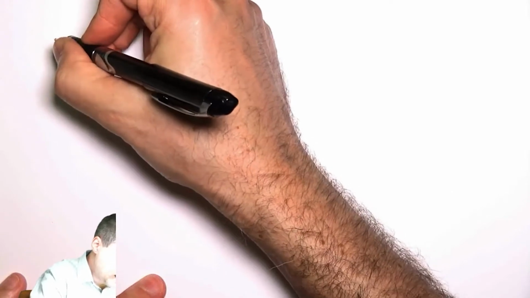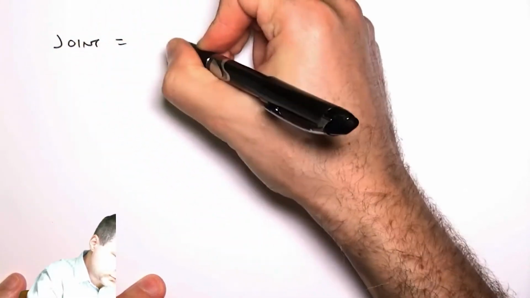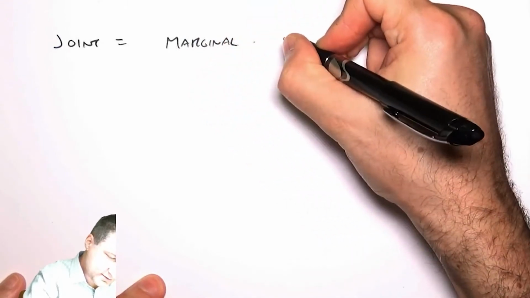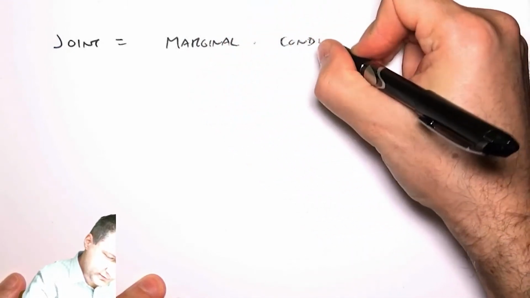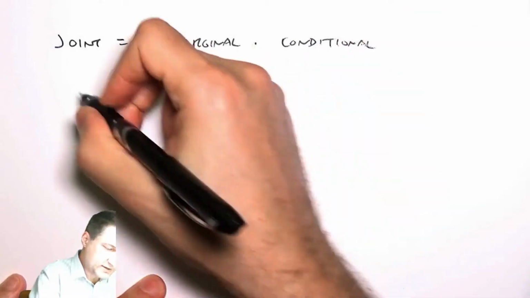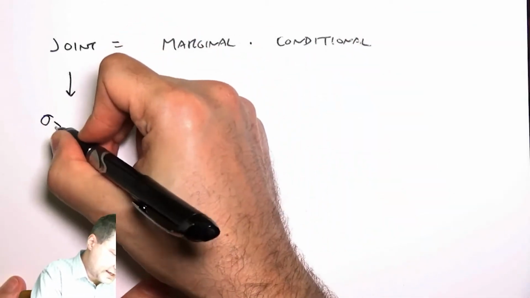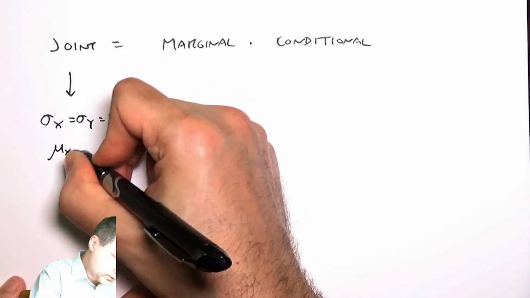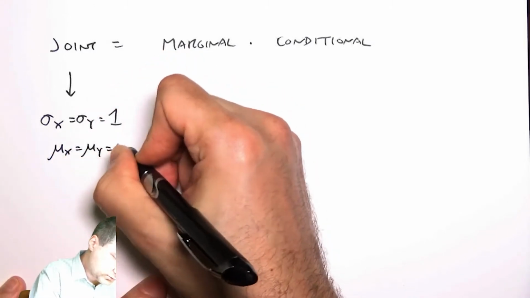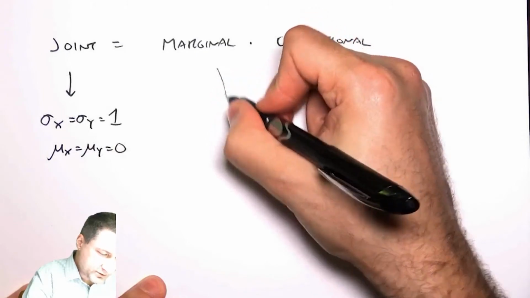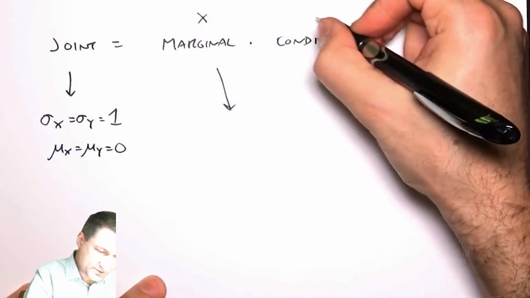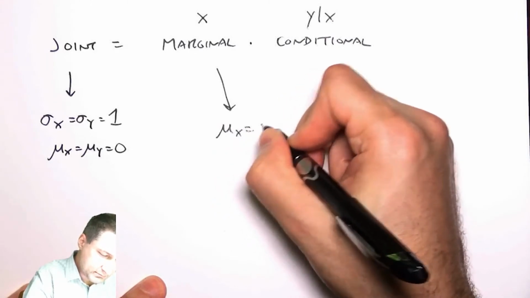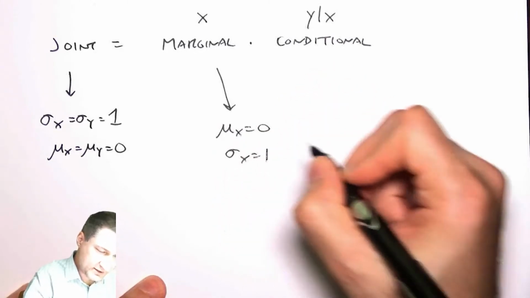So what I know is that the joint is equal to the marginal times the conditional, right? Here I found out that I had a joint Gaussian. The marginal of X, so here I'm just looking at X, and this is going to be Y given X. The marginal I found had mean 0 and variance 1.